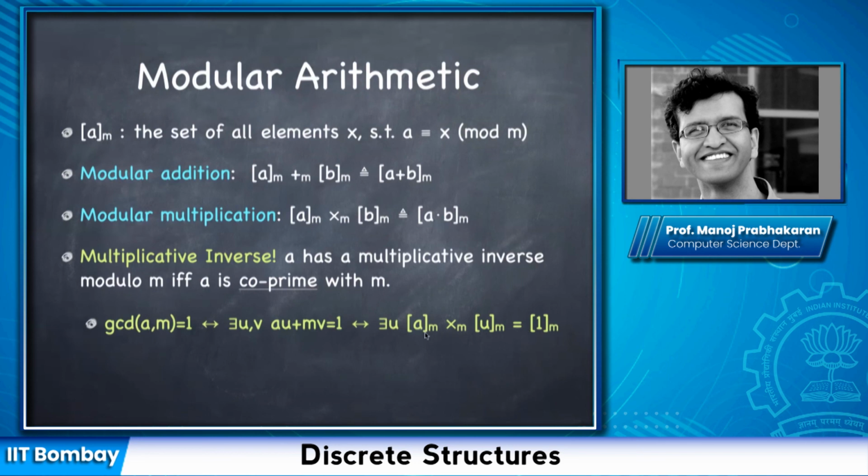So what does it mean for a to have a multiplicative inverse under this operation in Zm? It means there is some other column, let's call it u, the column containing u, such that you take the product of these two columns under the operation we defined for columns, you will get another column, the column containing 1, the identity element.